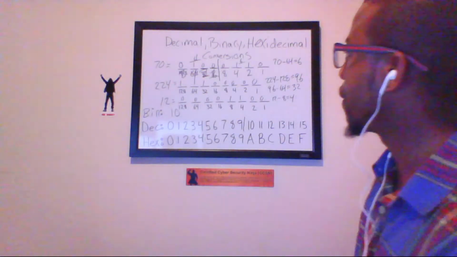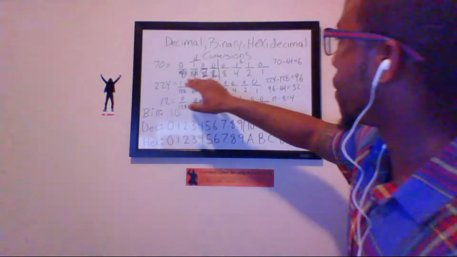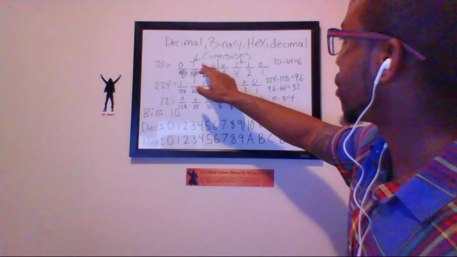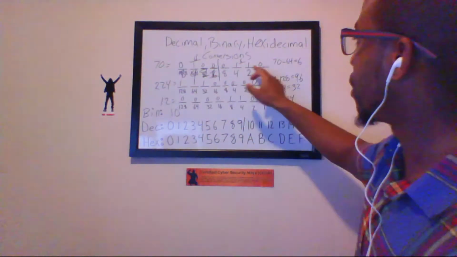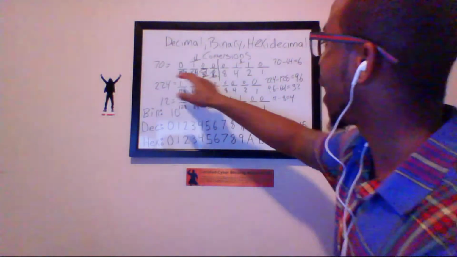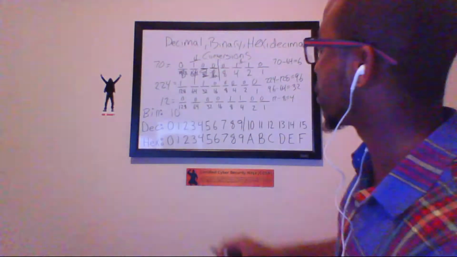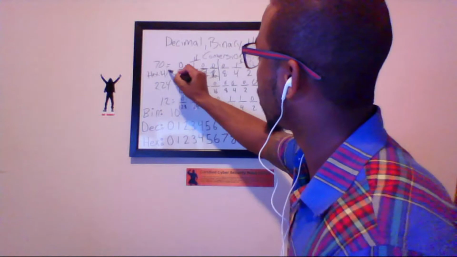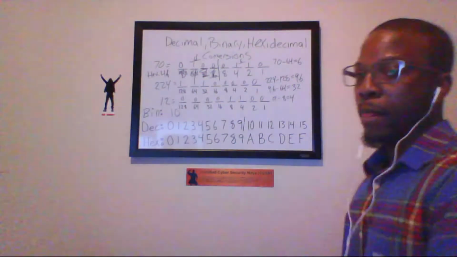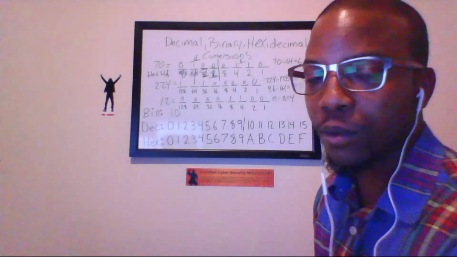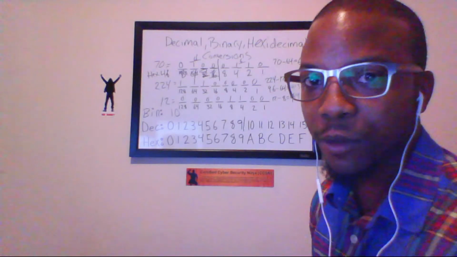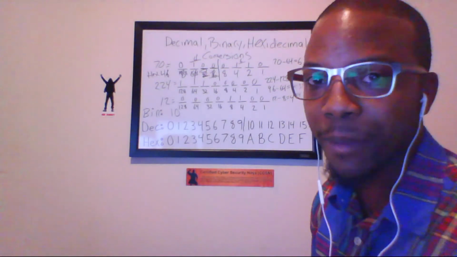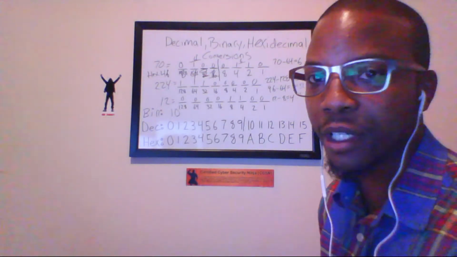So 70 in binary is 0, 1, 0, 0, 0, 1, 1, 0, and 70 in hexadecimal is 46. That's why I said it's simple to convert the decimal form into binary, and then you chop the binary in half to convert it into hexadecimal.